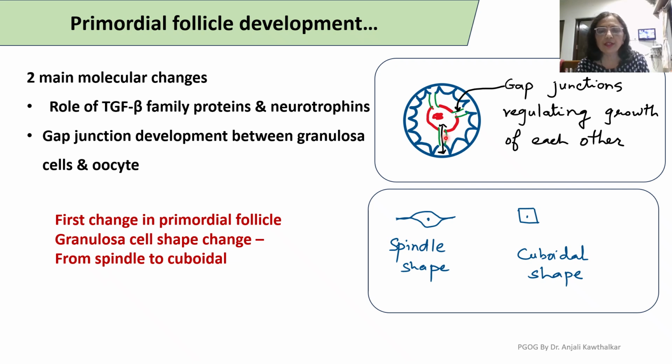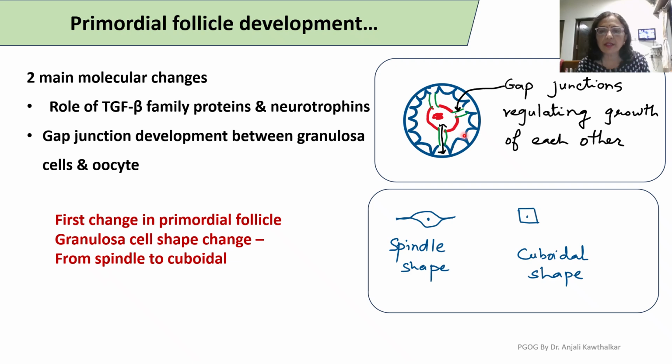Through the gap junction, secretions go to and fro between the oocyte and the granulosa cell. So there is a bilateral passage of molecules, and these gap junctions regulate the growth of each other. The oocyte regulates the growth of the granulosa cell, and granulosa cells are also responsible for the development and growth of the oocyte. So there is a bilateral relationship between these two.